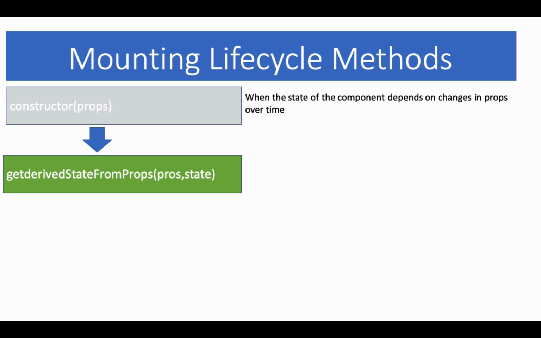Note, since this method is static, you cannot use the this keyword, meaning you cannot call this.setState in this method. Instead, you have to return an object. What you should not do is cause side effects. Example, fetching data from the endpoint.